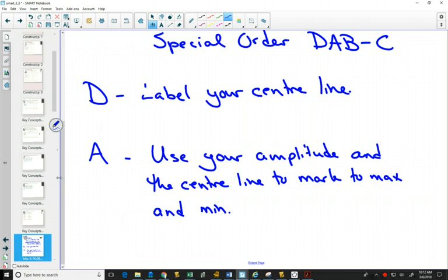So you know that your amplitude is the distance from your center line to a maximum, or your distance from your center line to a minimum. So we'll be able to mark on our y-axis what the maximum and minimum of our sine graph is going to be.